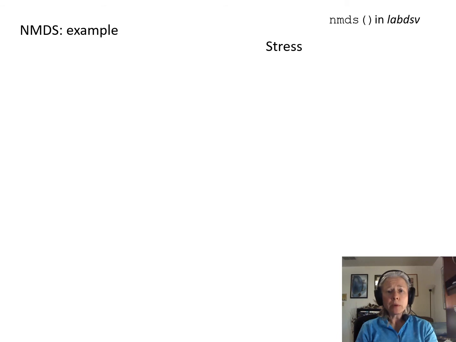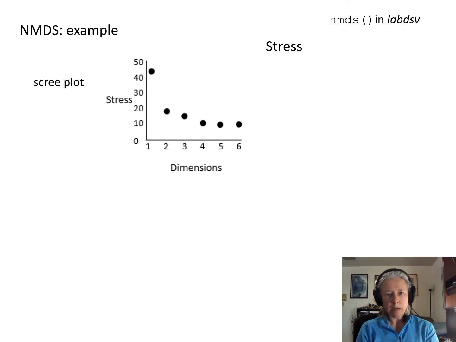So an appropriate number of dimensions should be determined by examining stress versus number of dimensions. And sometimes this is most easily done by producing a plot because you can visualize it. One type of plot that you can produce is called a scree plot, where you plot stress on the y-axis and the number of dimensions on the x-axis.